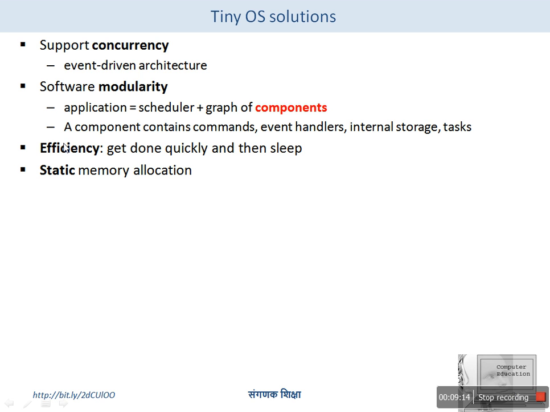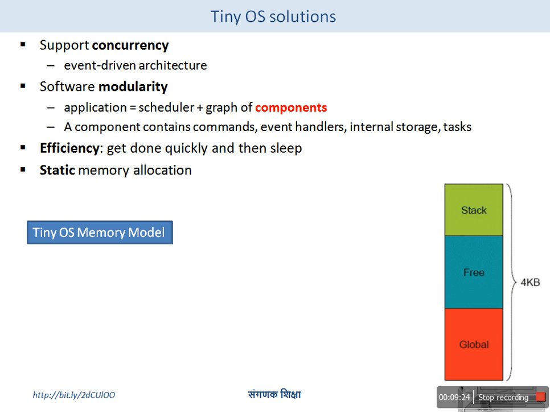TinyOS also supports static memory allocation, so there is no heap in the TinyOS environment. The memory architecture of TinyOS can be drawn as follows: we have some stack memory which is reserved for function calling and local variables.